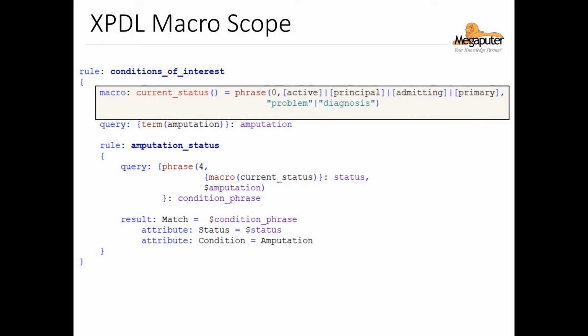But that would fail because the macro current status, it wouldn't know what you're talking about. Macro current status is defined here in the conditions of interest. It's not defined in our other rule. So you have to be careful where you choose to define your macros. You define them outside of rules, that just means globally referenceable. But if you define them inside of a rule, only that rule and its children.